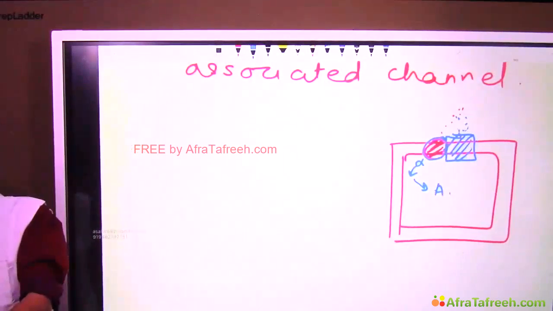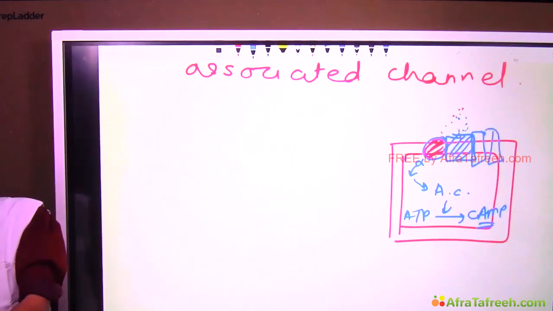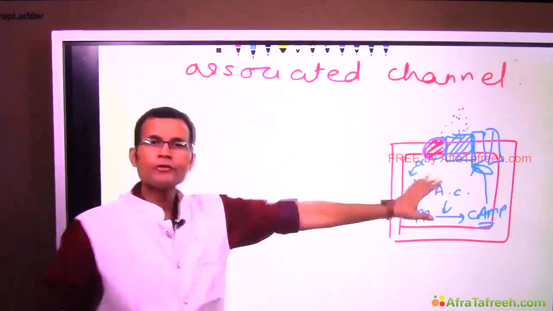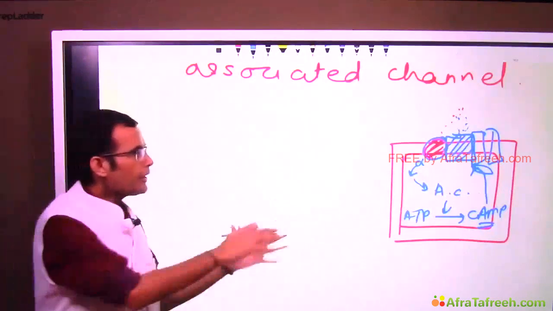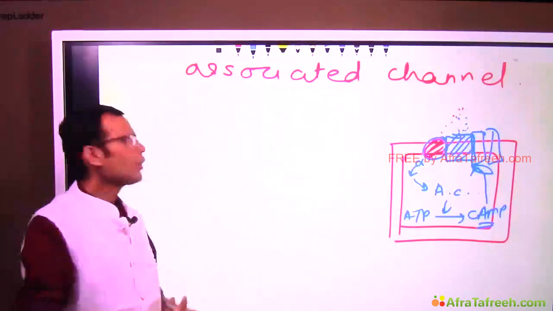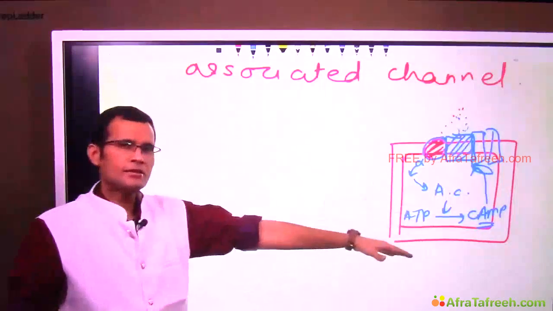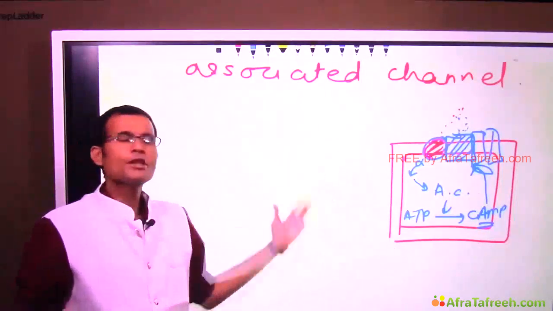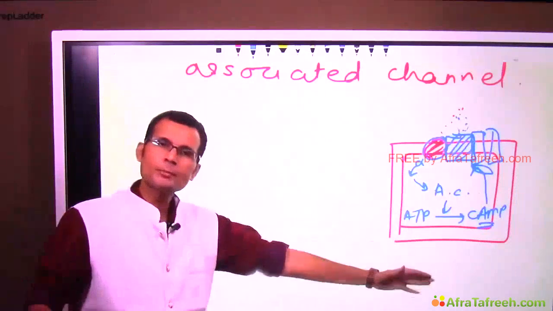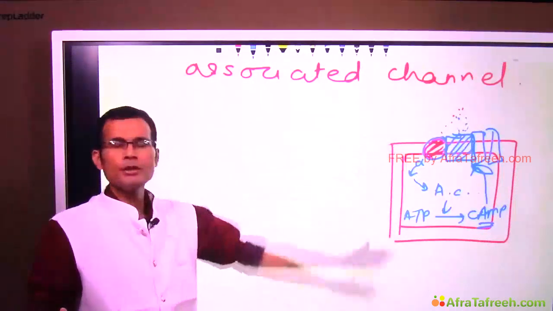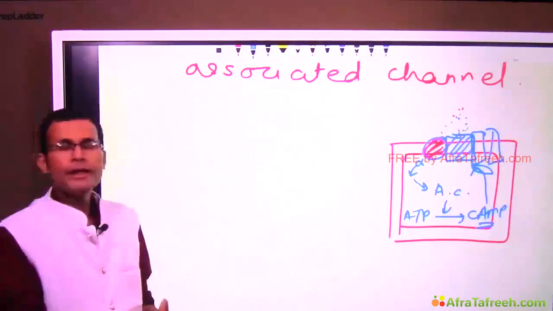So adenylyl cyclase enzyme will convert the cellular ATP into cyclic AMP, and then this cyclic AMP will open the gates of the channel. So that is a cyclic AMP gated channel, or guanylyl cyclase enzyme will be activated. GTP will be converted into cyclic GMP, and that cyclic GMP will open the gates of the channel.